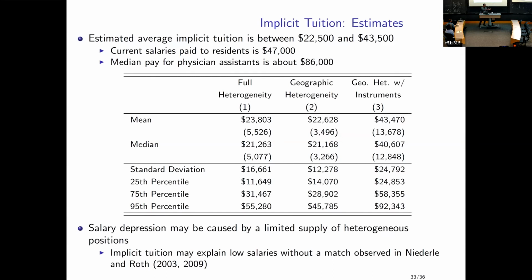So between half to all of the gap between Harry and Catherine's estimates is explained by this thing called implicit tuition, right? And if you think about it, it makes intuitive sense that during your training years, you're paying some implicit tuition if high quality training is scarce.